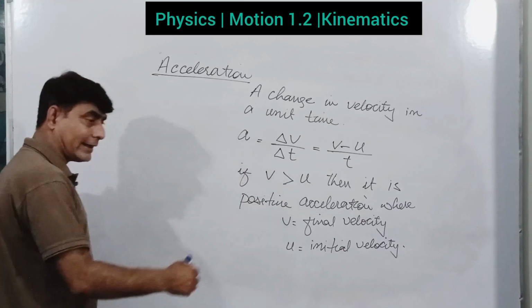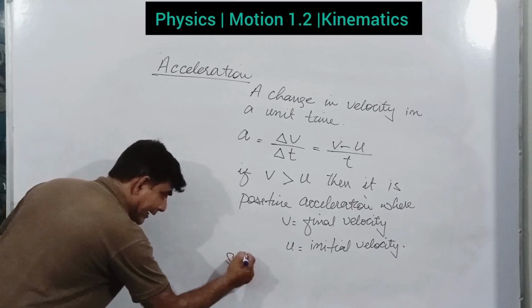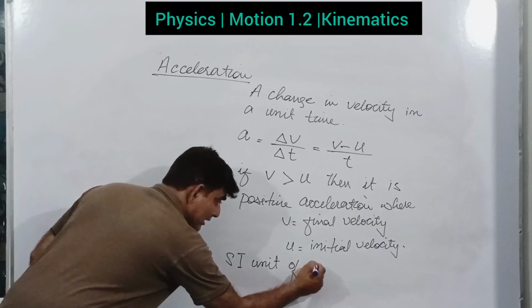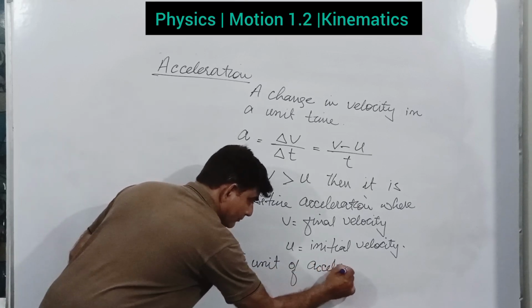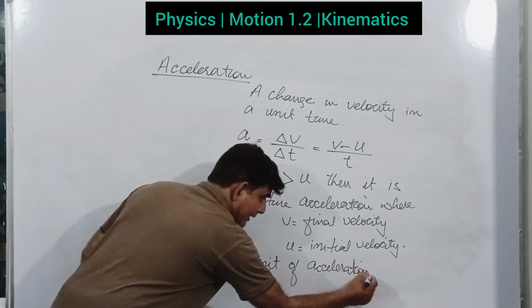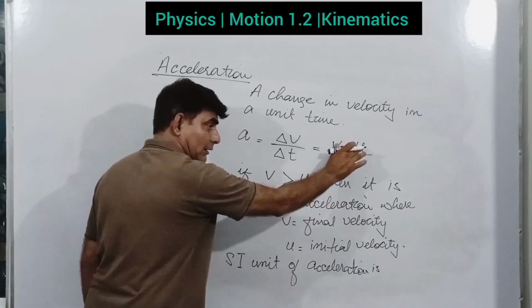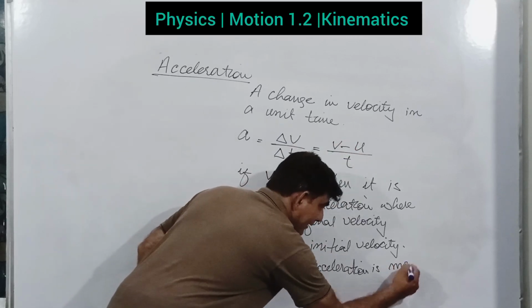So when we write about the SI unit of acceleration, in the numerator is the change in velocity, meaning the dimension is velocity, meter per second.